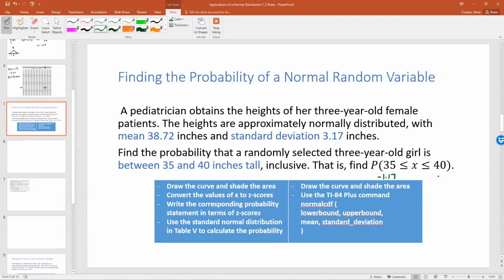We need a z-score for 40. So our z-score, or z-value is probably a better way to say it, for 40: I have to take 40 minus 38.72 divided by 3.1.